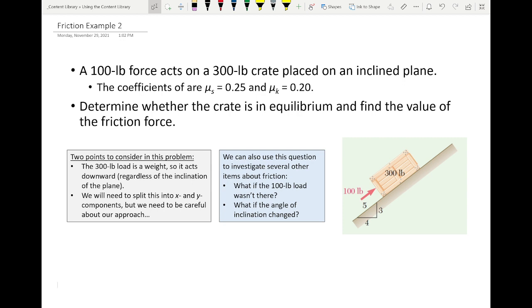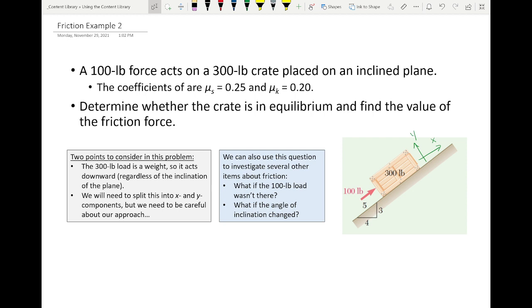So typically when I do these problems, I like to say that the x-axis goes along the direction of the incline and the y-axis is perpendicular or normal to the incline. So whenever I'm determining my normal force, I'm going to be looking at my components along the y direction. Does that make sense? And again, if you use a little bit of common sense, I think you're going to find this is very straightforward.